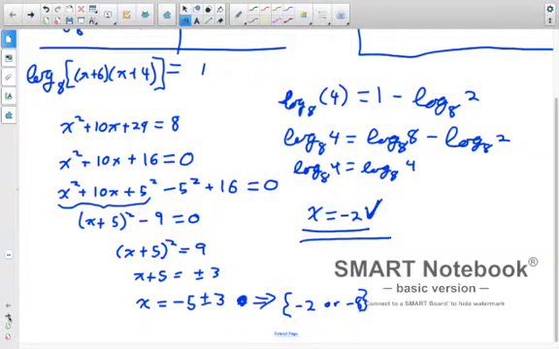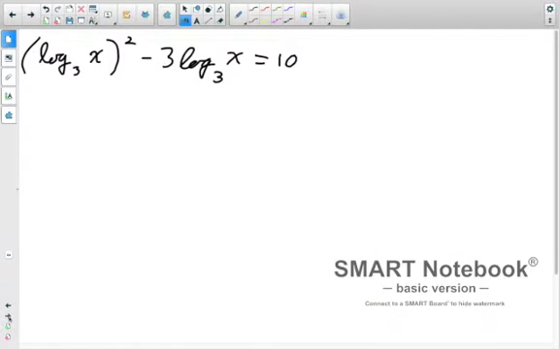Okay, let's move on to a second example. This one's different, but again, if we just take our time and identify what's going on, it becomes relatively straightforward. Since we are squaring this log base 3, it actually changes a lot of the stuff that we would normally do.